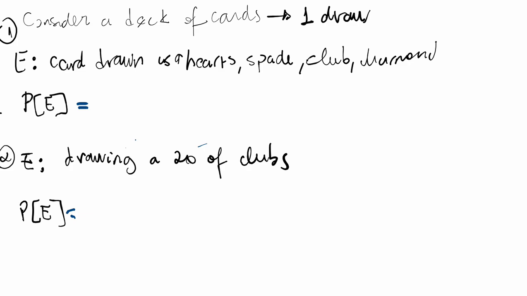What's the probability of that? 100%. Yes. So at the end of the day, who is my event E? It's my sample space, right? So the probability is equal to 1.